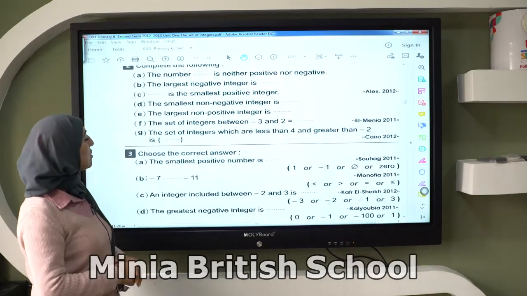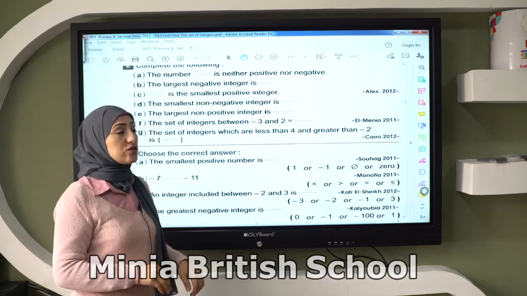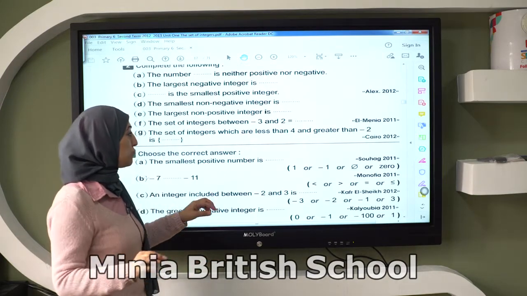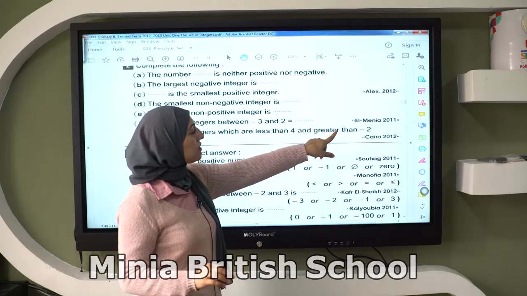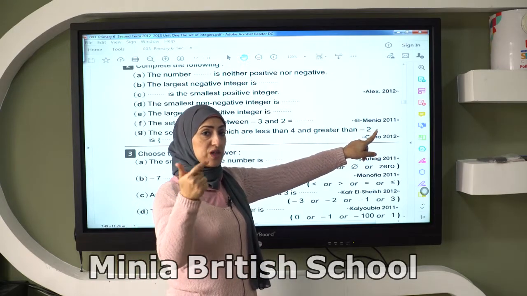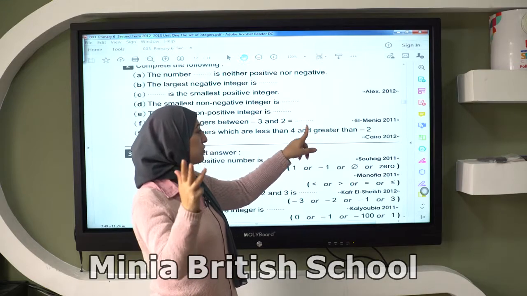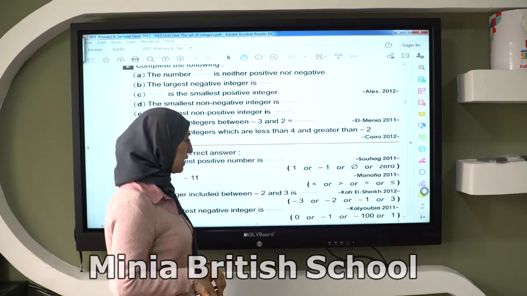Okay, the set of integers which are less than 4 and greater than -2. Again, less than 4 and greater than -2. Greater than -2 means -1, 0, 1, 2, 3, and stop. I want it less than 4, okay?